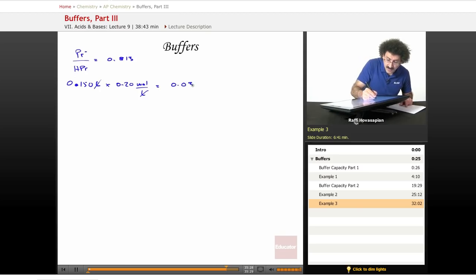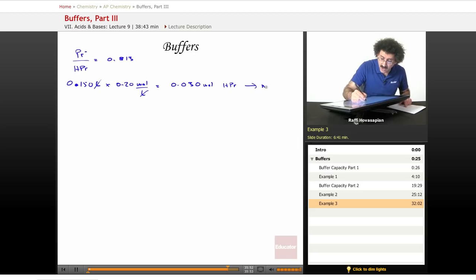That means there are 0.030 moles of HPr in that 150 mils.